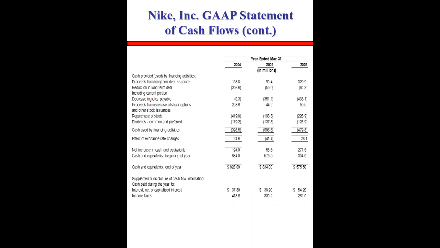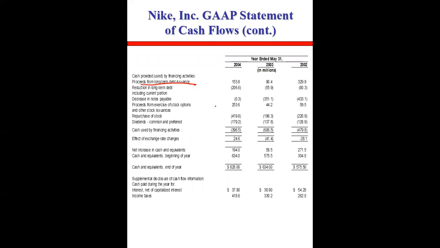You see, there is proceeds from long-term debt issuance. What has happened here? We have issued new debt. If we issue new debt, we have received new cash from the debt holders.